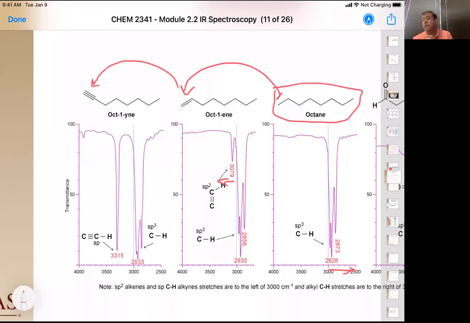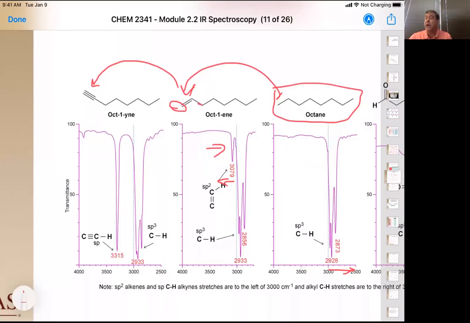Now, the strength of this peak varies, and I'll talk about that in a minute, depending on how polarizable that bond is. If it's a very symmetrical bond, it might not be very polarized and we might not see it. However, because this has 2 hydrogens on this side, and 1 hydrogen and a carbon on the other, it is polarizable and we do see it. Okay, so that's the hydrogens on sp3 hybridized alkanes.